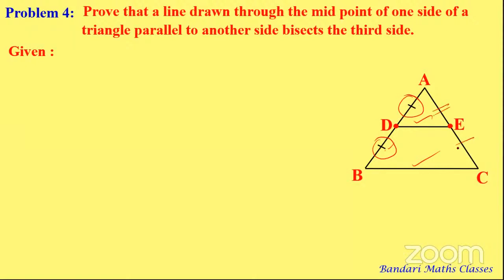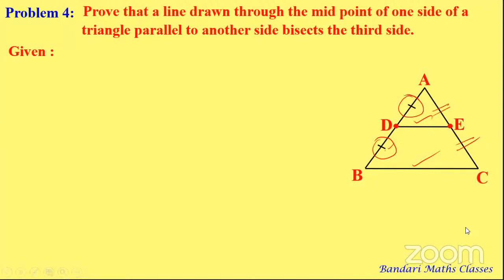These are equal. That is required to prove: AE is equal to EC, or E is the midpoint of AC.